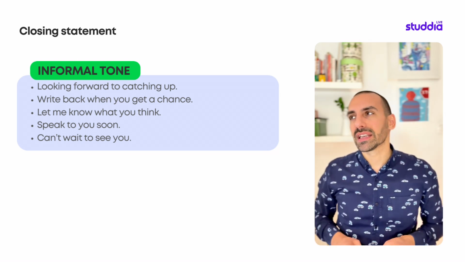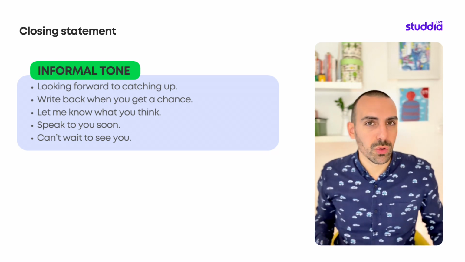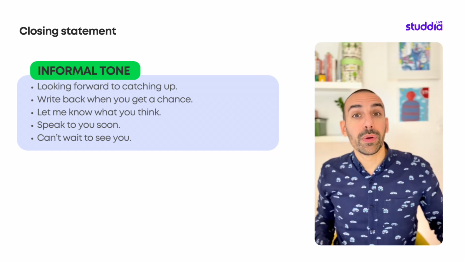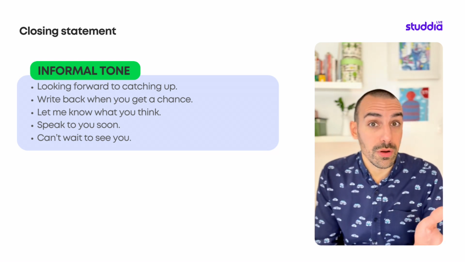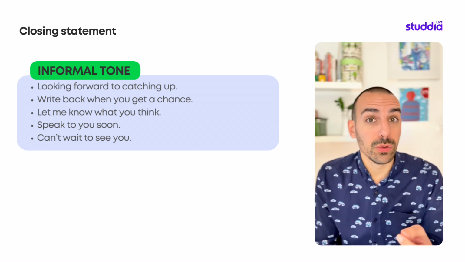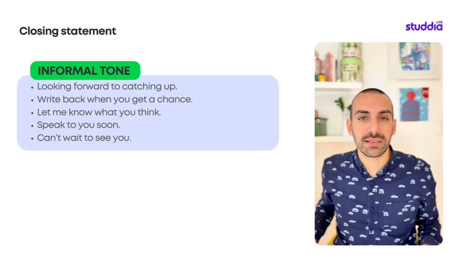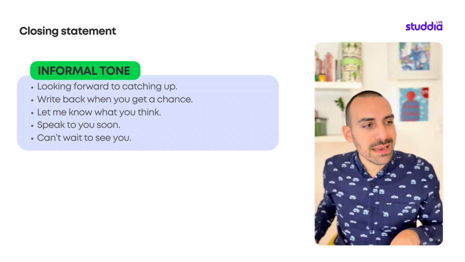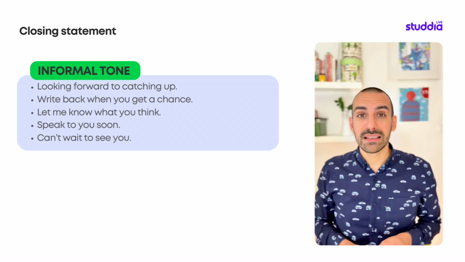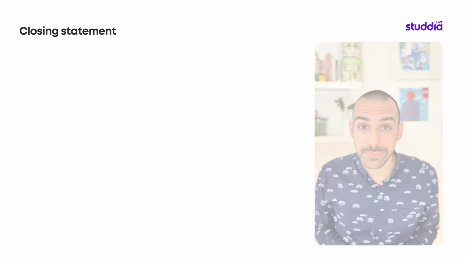So, for example, you could say something like, can't wait to see you soon, or let's catch up again soon, or hope everything's going well on your end, or write back when you get a chance. Please do not skip the closing statement. It's a natural way to bring your letter to an end, and it gives a sense of completion and politeness.